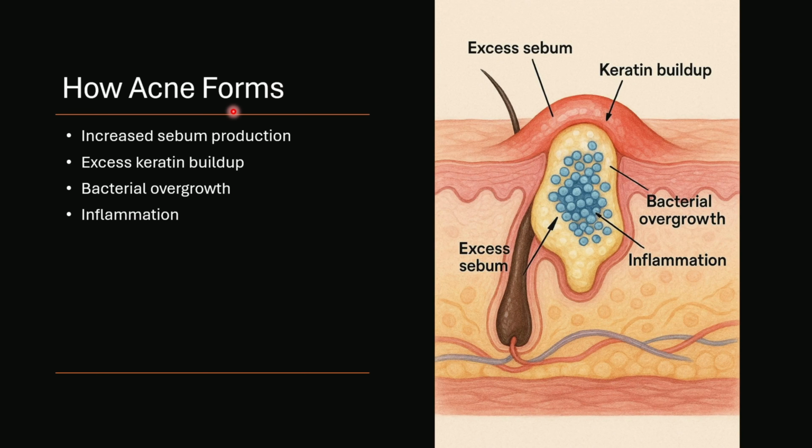So how does acne form? Of course, increased sebum production from the glands. We can see here that this one is a gland of the pilosebaceous unit, and the gland increases the sebum production. We have a bacterial overgrowth, that is these blue dots in these images, and the overgrowth of the bacteria leads to the formation of pus.